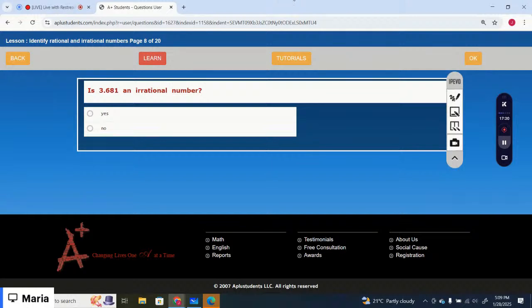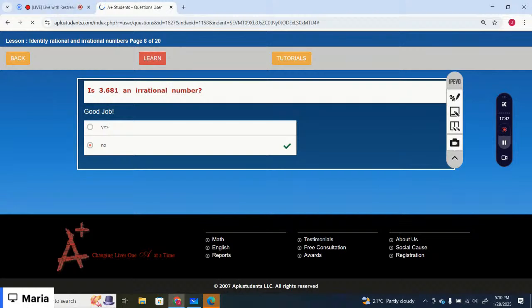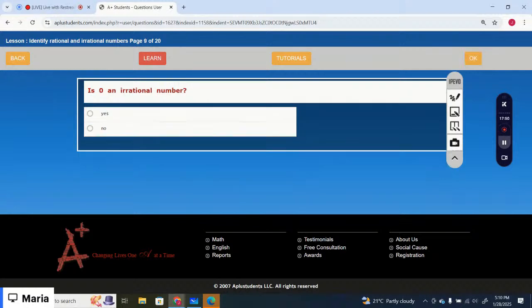Is 3.681 an irrational number? No, that is a rational number that can be written in the form a by b. Is 0 an irrational number?